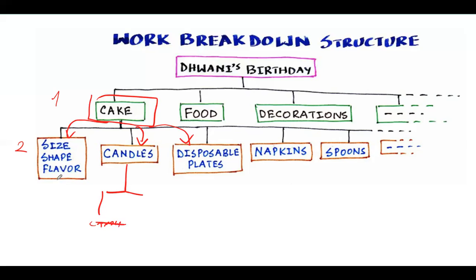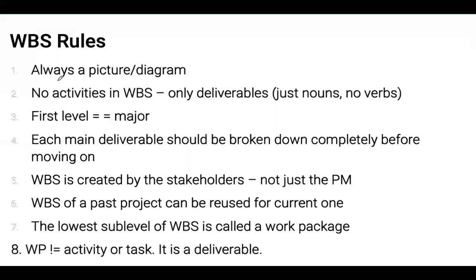But for this one, size, shape, flavor, that could be broken up into size, cake shape, cake flavor, and we could change this particular deliverable into the look of cake, or flavor of cake, or something around those lines. Cake experience. Each main deliverable should be broken down completely before moving on.